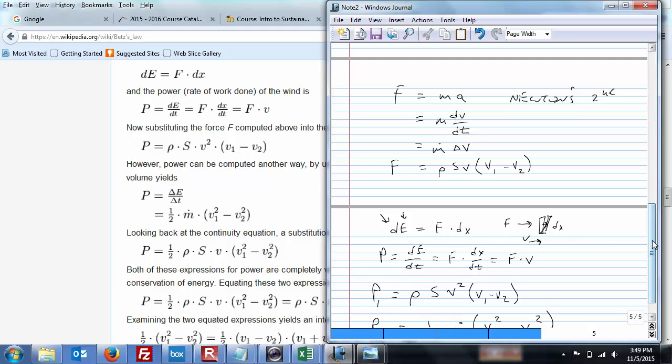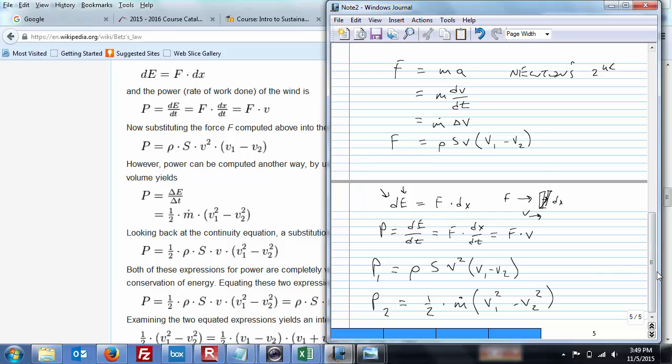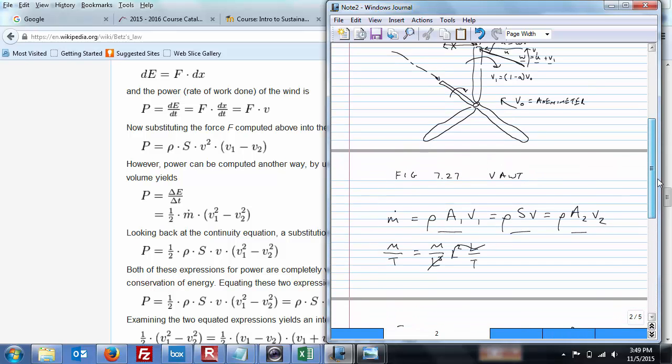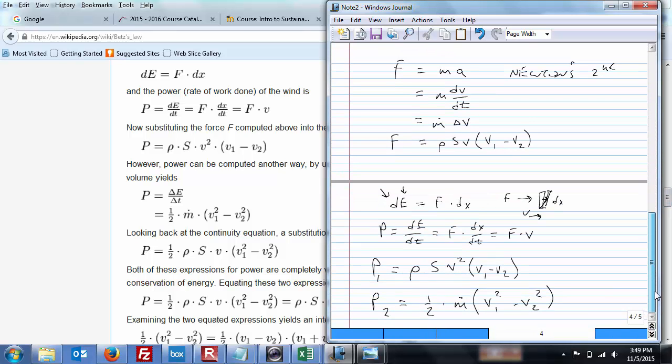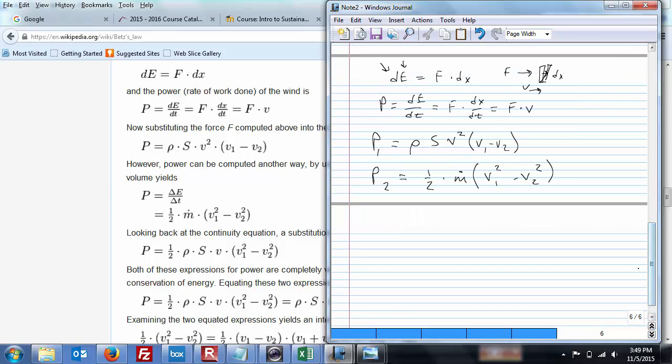And you see the little m dot here, so we go all the way back up to the top, take our expression for m dot, and do a substitution. And so we've got P2 equals 1/2 rho S V (V1 squared minus V2 squared).